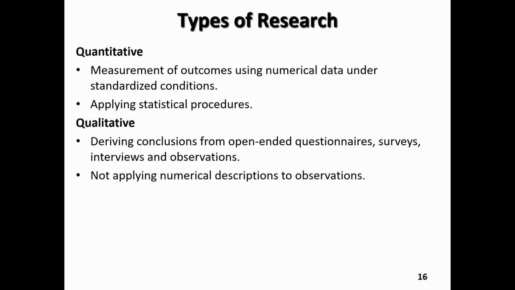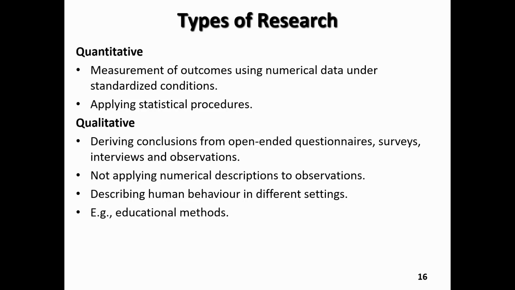As indicated, qualitative does not apply numerical descriptions to the observations of research, and this is common research when trying to describe human behavior in different settings. This type of research is often used when examining different clinical conditions or when trying to examine the effectiveness of various educational methods on learning or human behavior.